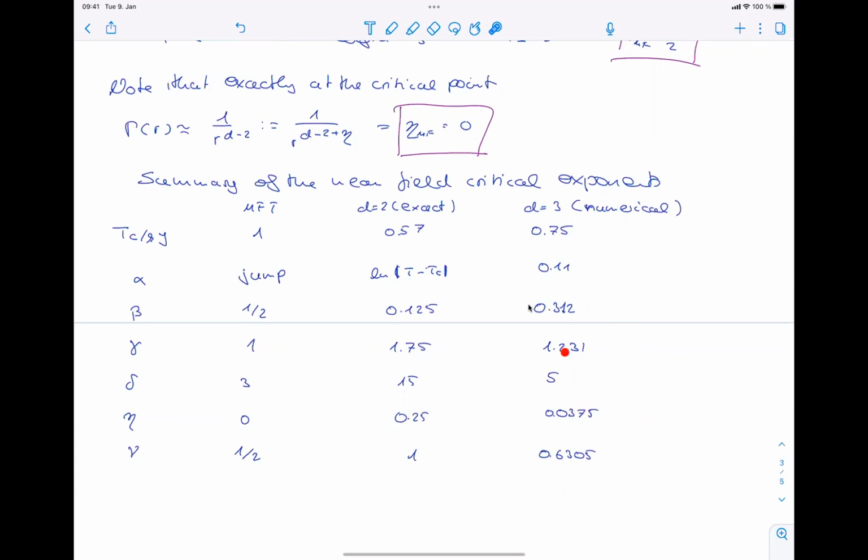This is approximating each other reasonably well. Okay, the jump doesn't work out, but also for the critical temperature, we're getting close.